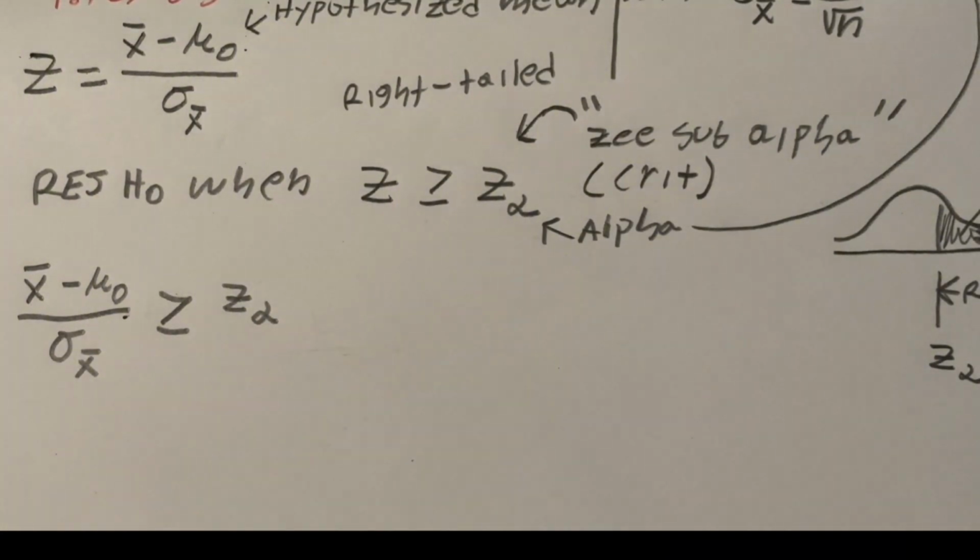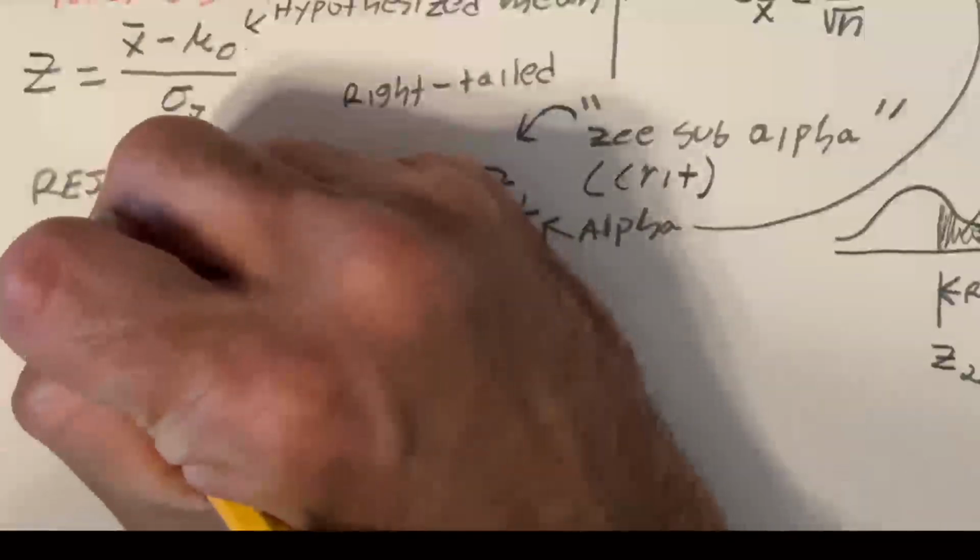This points to the right. And we'll look the z sub alpha up later. That'll be the last thing we do when we plug in all the values. But right now we want to solve this inequality for x bar.